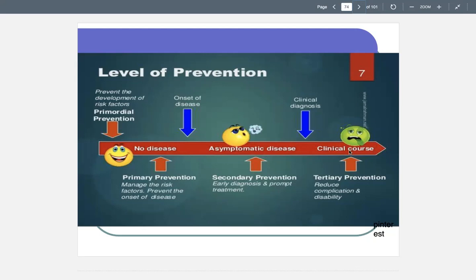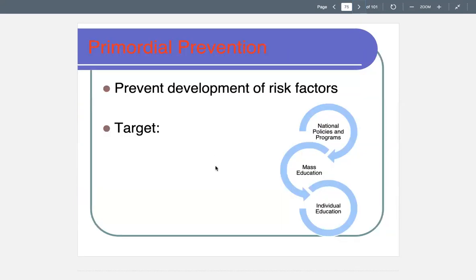Kasi yung clinical course or yung apparent signs and symptoms could result into a complete recovery or could result into a fatality or disability. No? Kaya nandun na yung tertiary prevention. Okay, ma-reduce yung complications, any complications.